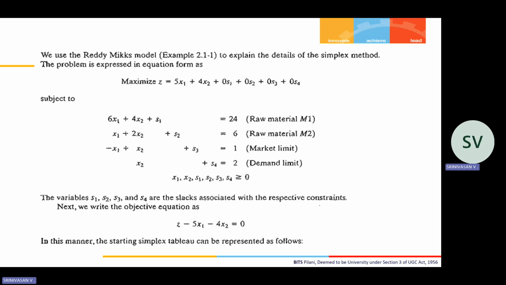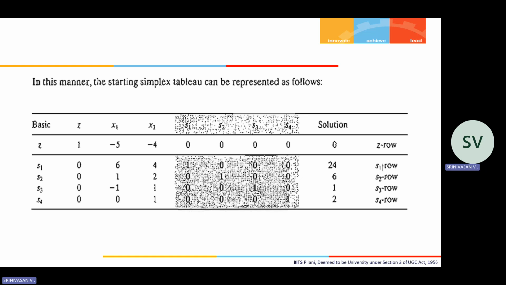In this manner, the starting simplex tableau can be represented as follows. So this is just another way of writing. It's also almost the same idea. Everything is there. You have x1, x2, s1, s2, s3, s4. Since you are taking everything into the right hand side equal to 0, it is written here 0. Otherwise, also constant, you can write 0 only.